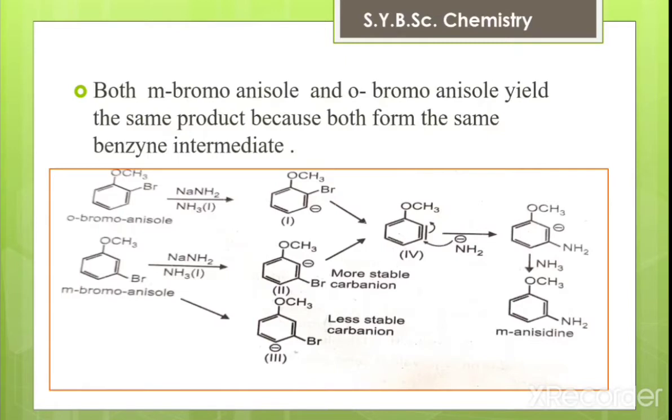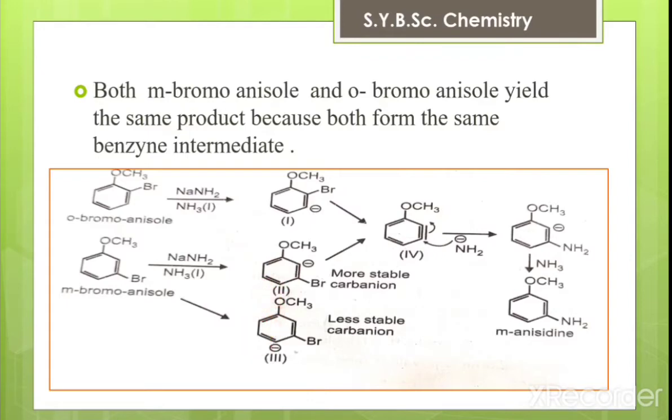In the case of the meta isomer, it has two choices of adjacent hydrogen. However, the aryl carbanion, that is the second, is preferred over the third.